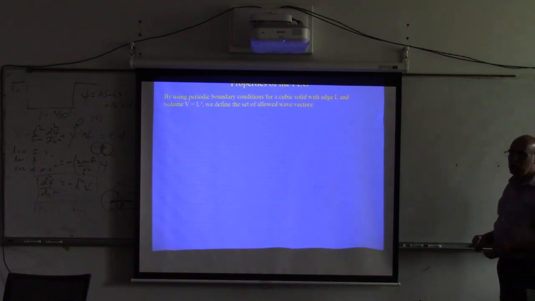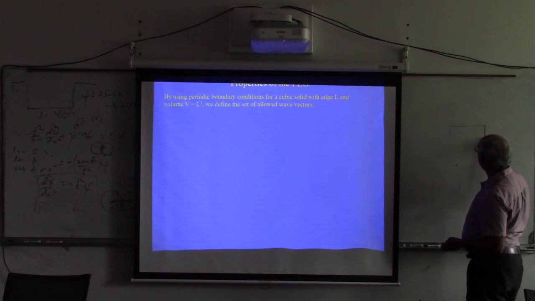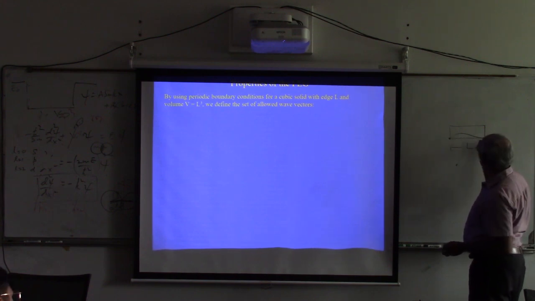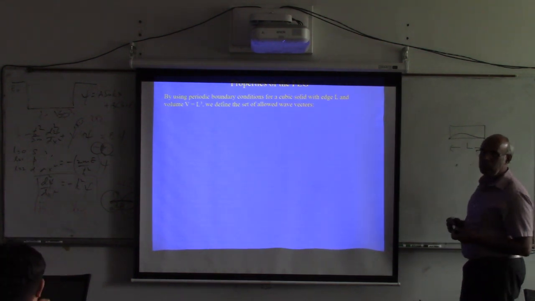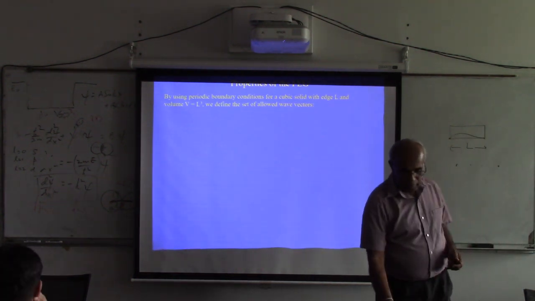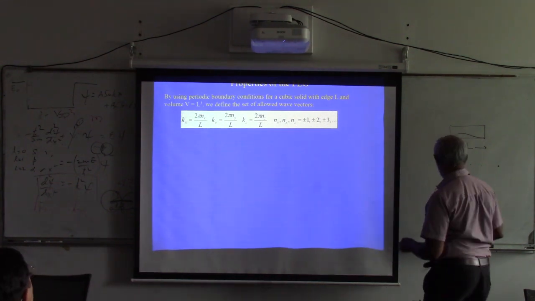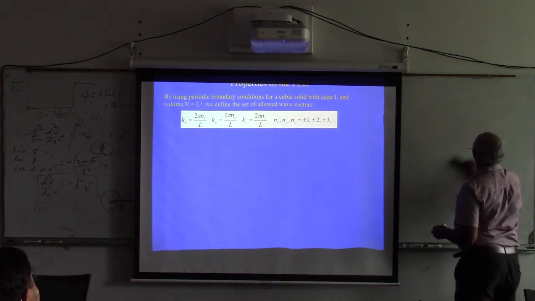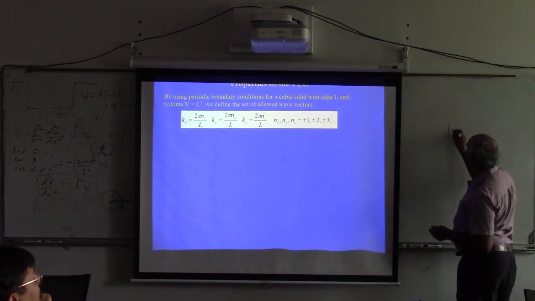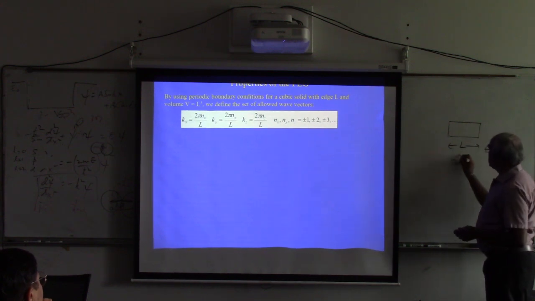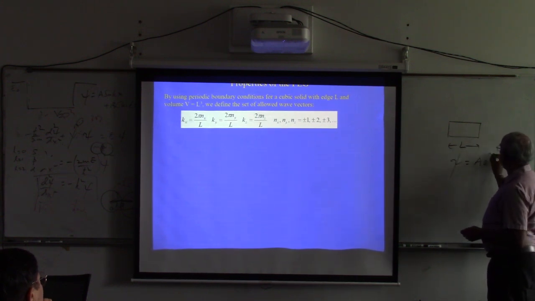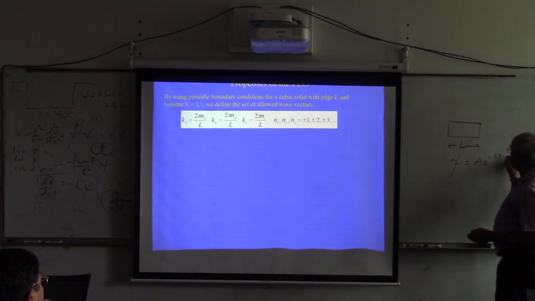But in this case, you don't have to do this. If you take a sample of length L, and the wave function becomes 0 at the two edges, that will give you the boundary conditions. That's pretty straightforward. So let's take a sample with length L in one dimension. This is L. Suppose your solution for this sample is A e to the i (kx minus omega t), doesn't matter, right?